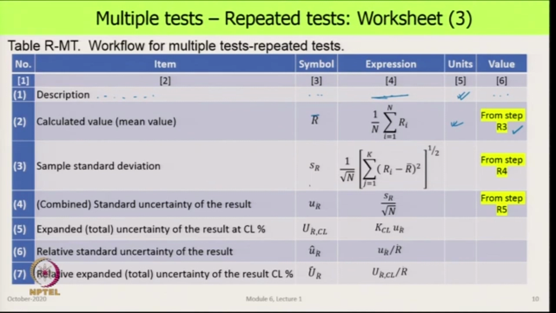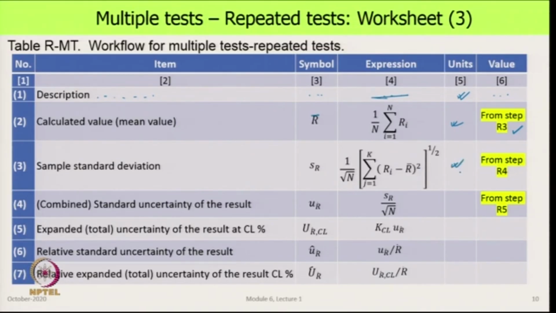Then the sample standard deviation S R, this is nothing but 1 upon square root n and square root of all of this. Sorry, no, this is not right. Yeah, this is standard deviation. This is what we have in statistics, 1 upon square root n, summation all of this. We can write the units.